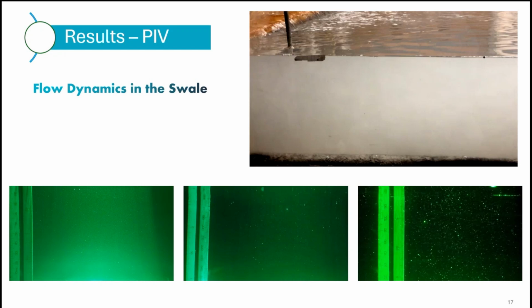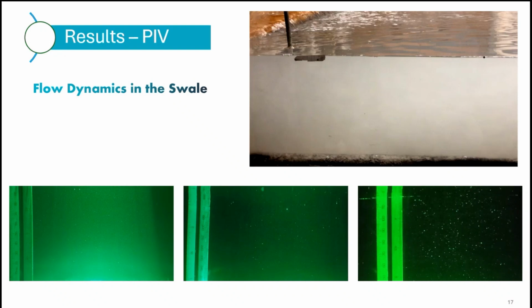So the bottom figures, can you click a few times? The first one, running on the right side, is showing the video we captured with the PIV. Flow is from your right to left, and the sediment is moving in the same direction as the flow. Click, please. The middle one is showing the middle of the channel.